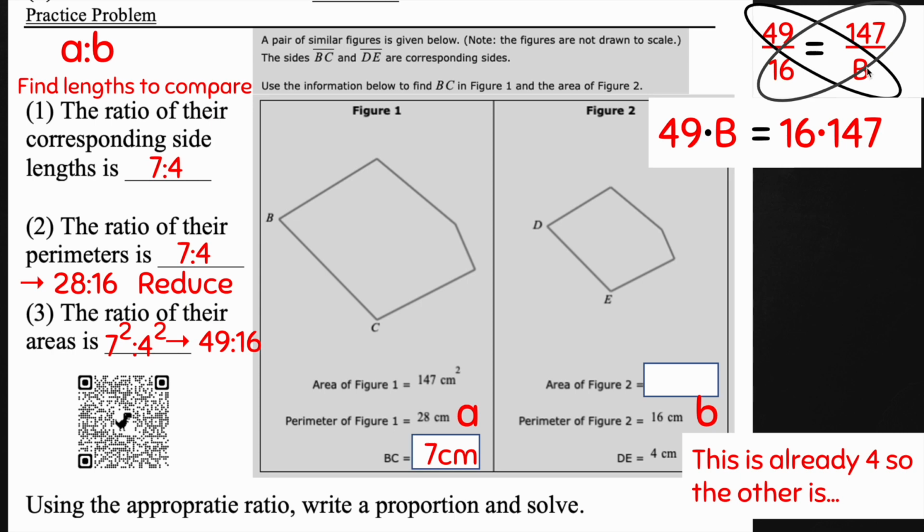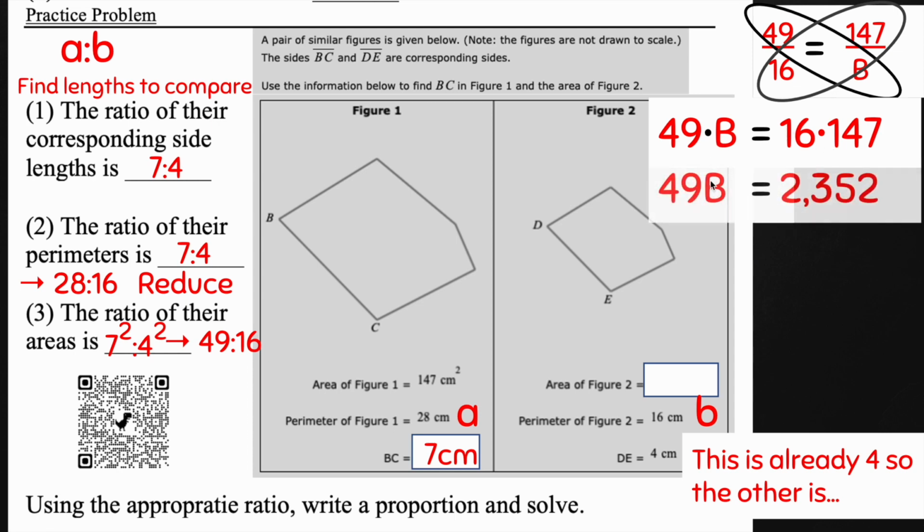I'm simplifying it to the fact that I don't have my fractions anymore, right? I'm moving these denominators. So B was a denominator, but now it's being multiplied by the opposite side. 16 was a denominator, but now it's being multiplied by its opposite side, right? So I just very quickly get rid of those fractions. So now I'm going to have 49B because I get rid of the little dot.